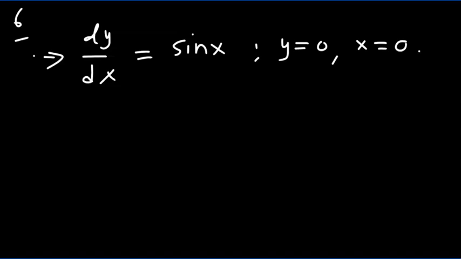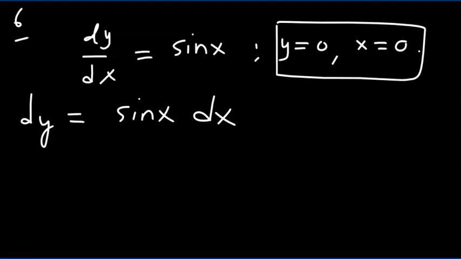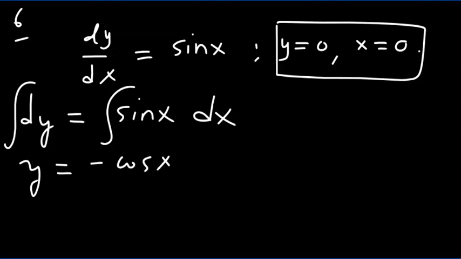Finally, let's look at this differential equation, dy/dx equals sine x, under the initial condition as such. So rewriting it, you get dy equals sine x dx. Now let's integrate it. The left hand side is y. The right hand side is just minus cosine of x plus an arbitrary constant. Let's call it e. Let's bring in the initial conditions.